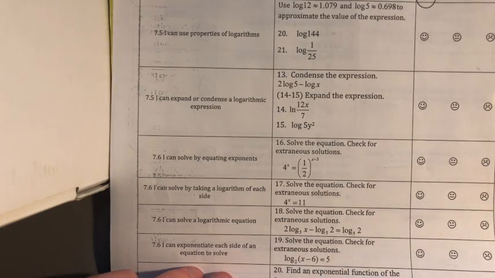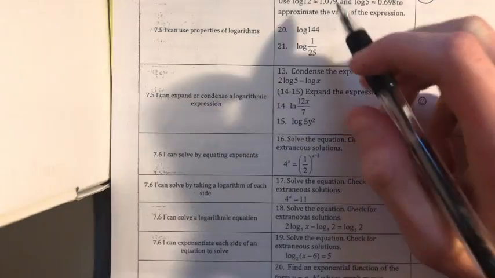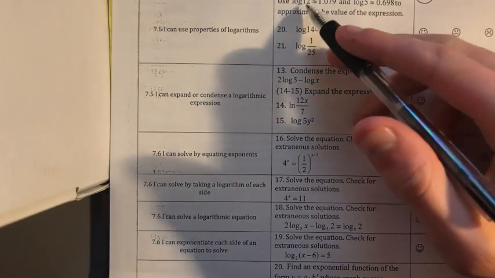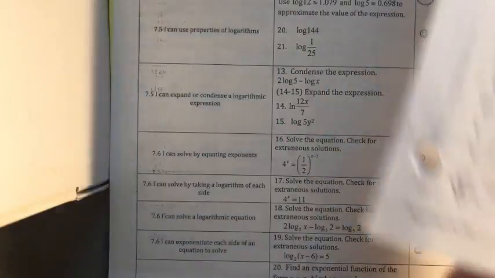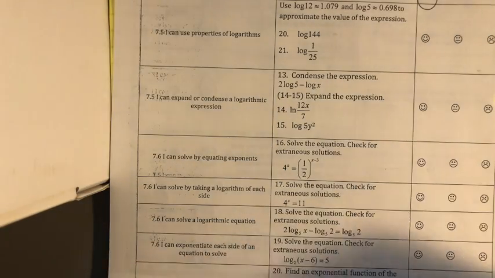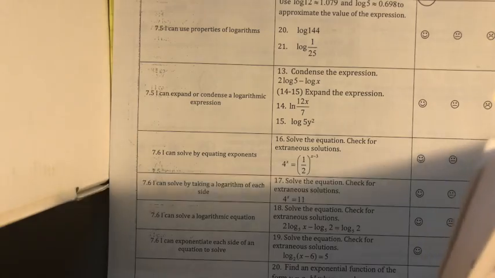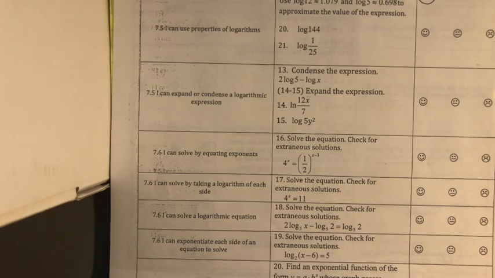Okay, question 20. I can use properties of logarithms. So we have to break it up with these so we can do stuff with it. These ones are not too bad, simple enough for a student to understand. So let's get right into it.